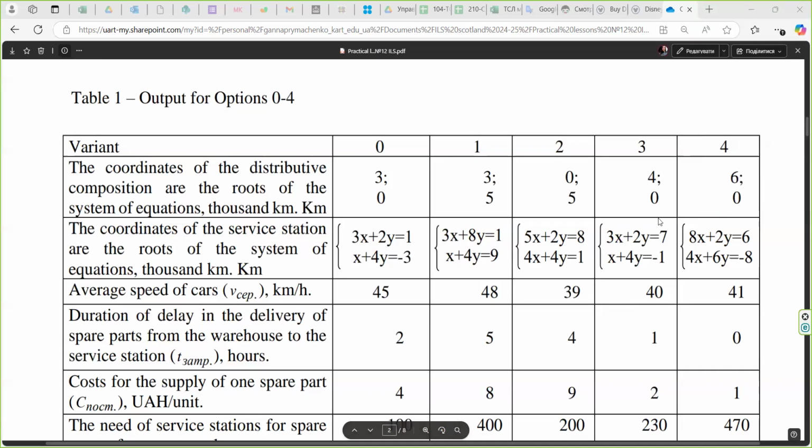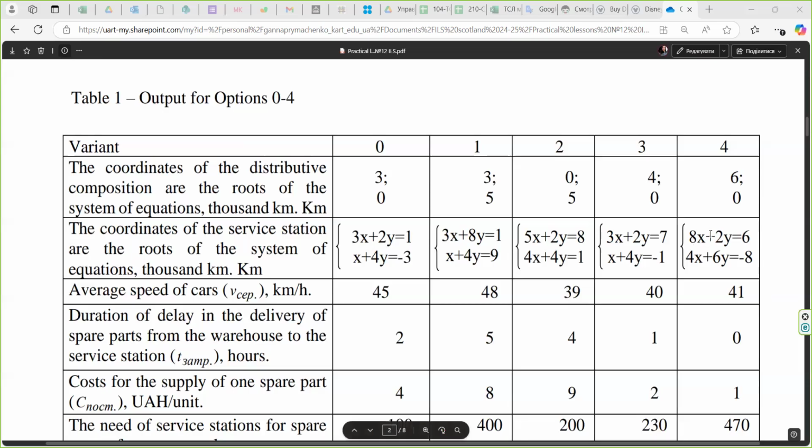Darina, please screenshot these systems. Yes, the system of equations for your variant. And I show for Yana also variant 6. So you have this system.